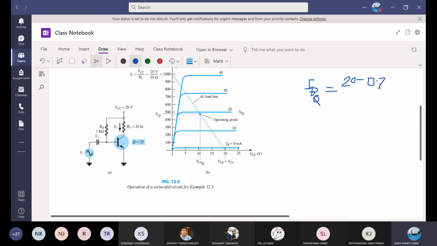VBE is 0.7, and RB is 1K. It is 19.3 milliamp. Did everyone get this part?